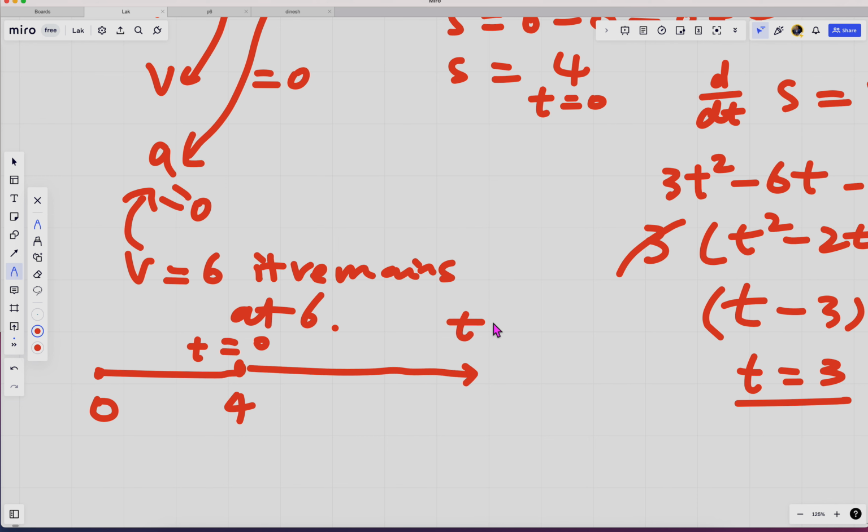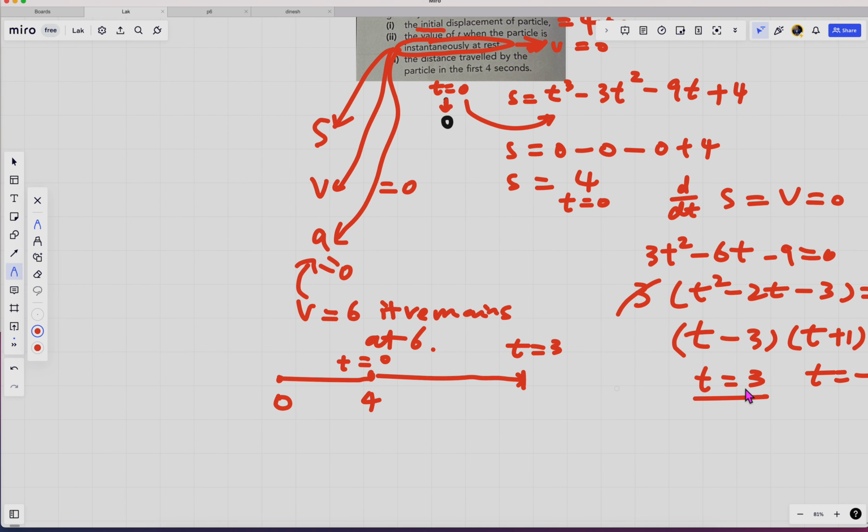At t equals 3, the particle stops, right? So you stop here. You can actually find out whether the particle moves to this side or this side by substituting t equals 3 into the displacement equation.